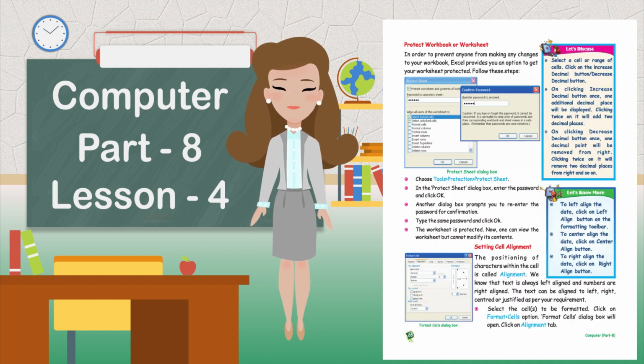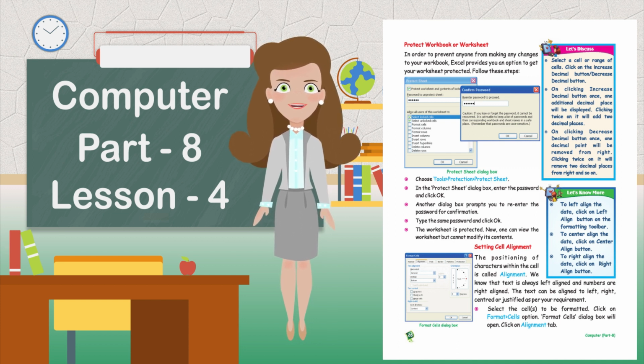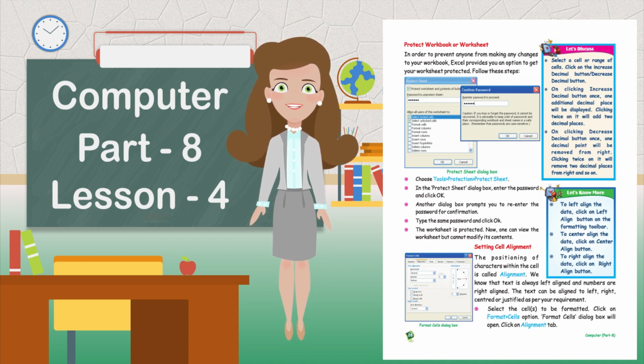Protect workbook or worksheet. In order to prevent anyone from making any changes to your workbook, Excel provides you an option to get your worksheet protected. Follow these steps. Choose Tools, then Protection, then Protect Sheet.